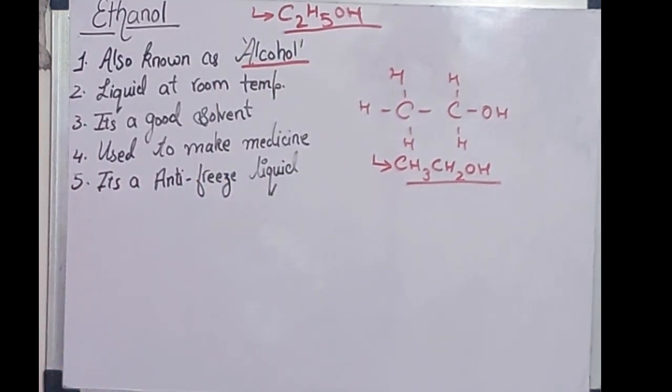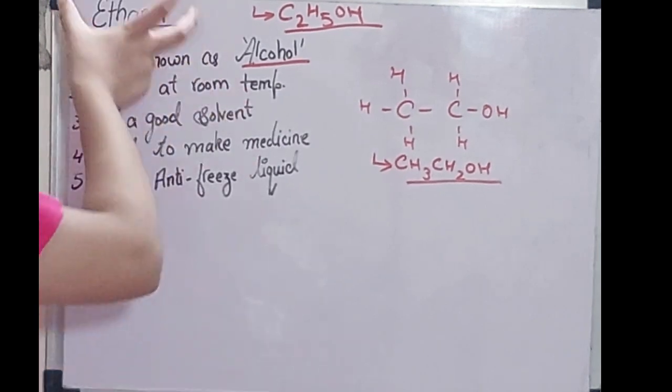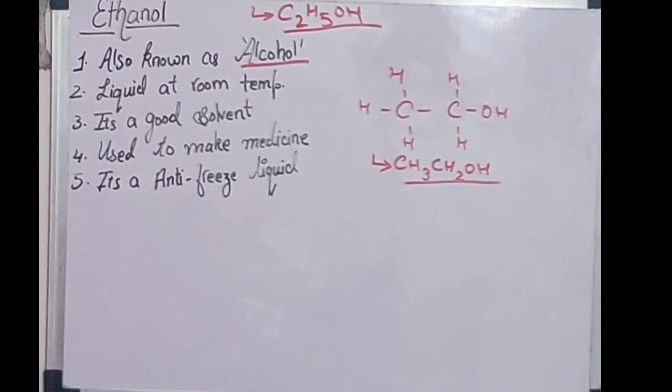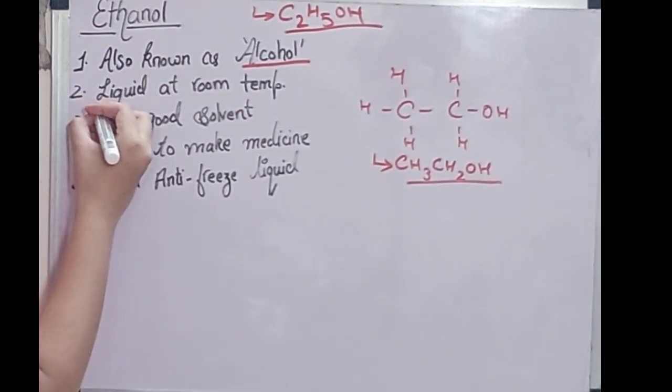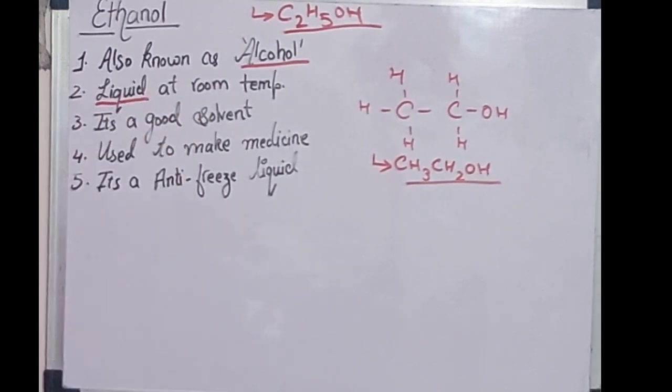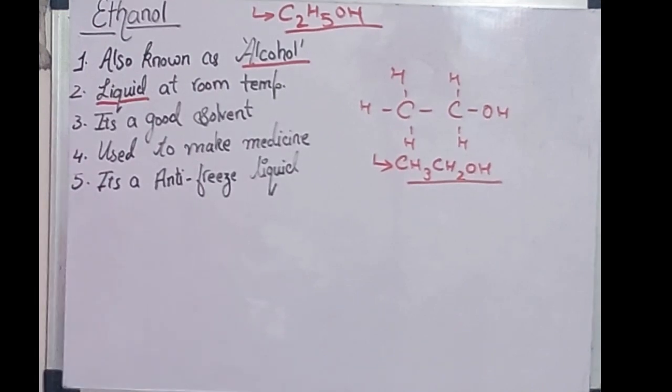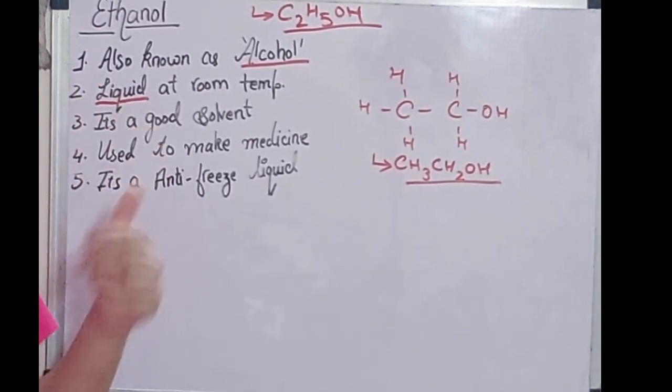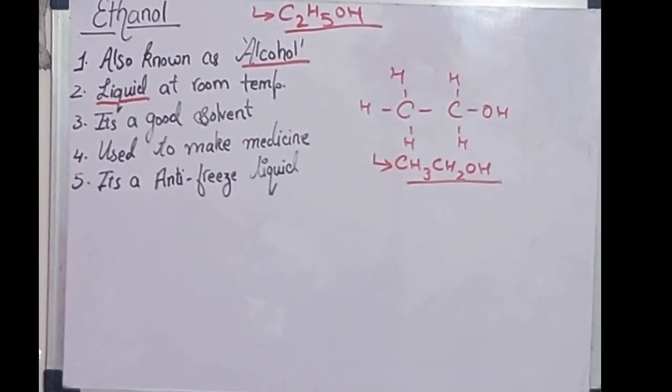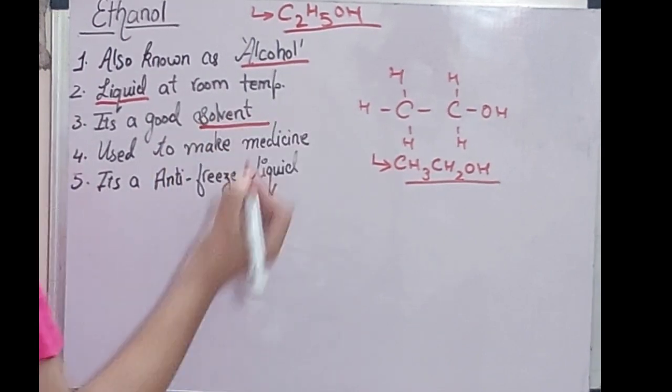We have used this word multiple times. So alcohol is a common name for ethanol. It is in liquid state. It's not in gaseous state, it's not in solid state, but it is present as a liquid at room temperature. It's a very good solvent.